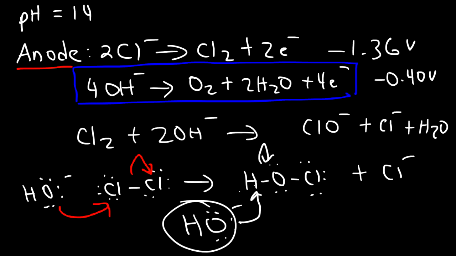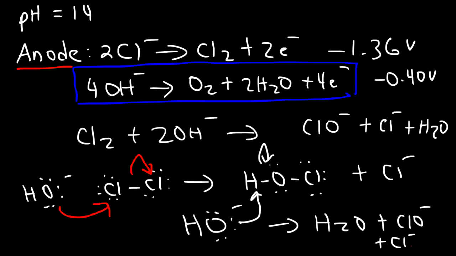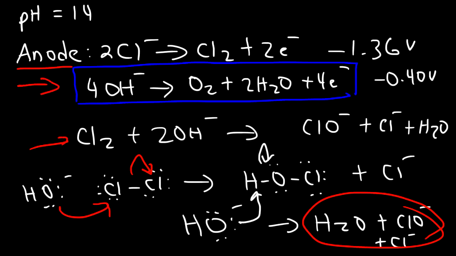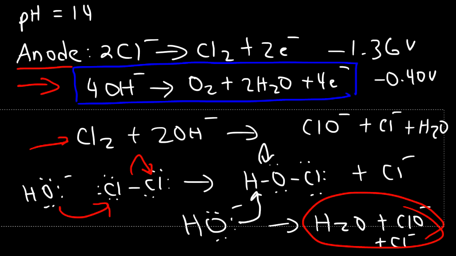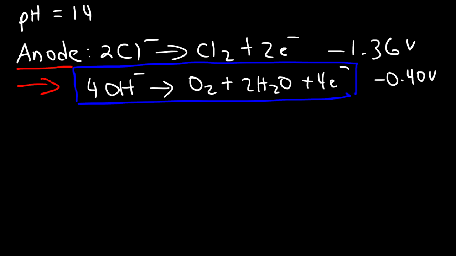Hydroxide plus H is going to turn into water. And so once HClO loses a hydrogen, it's going to turn into the hypochlorite ion. These will be the products of the reaction if some amount of chlorine gas evolves at the anode. But for the most part, the main reaction at the anode is that hydroxide can be oxidized into oxygen gas.